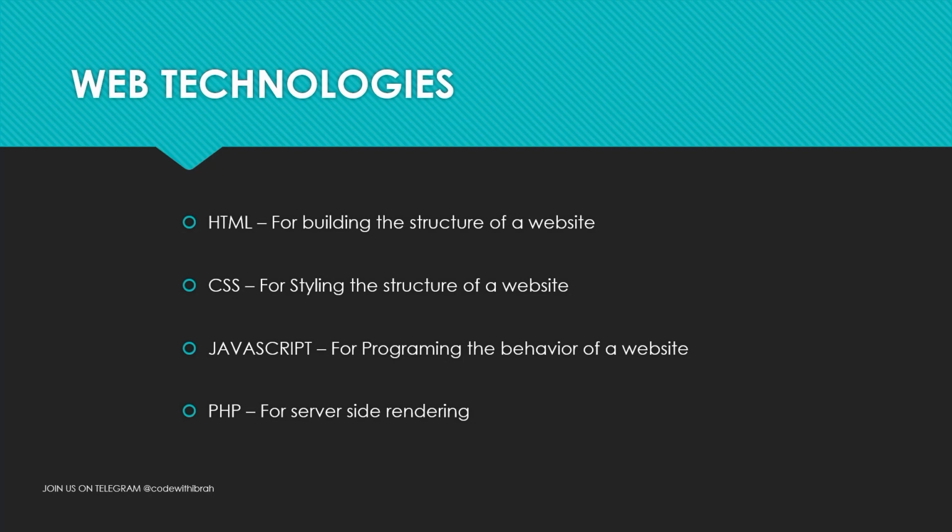An instance of this is, when you visit any website, you see a button like maybe login or sign out. When you click on that button, there's an action that is triggered. When you click on the logout button, automatically you are logged out. So the interactions and the behaviors of the website are programmed with JavaScript.